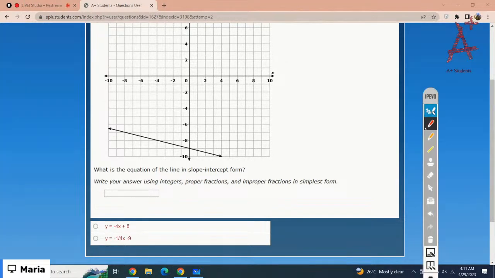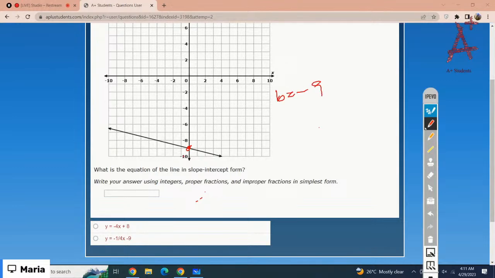Got it? Here is the point where the graph is touching the y-axis. It would be negative 9. That means b equals negative 9.